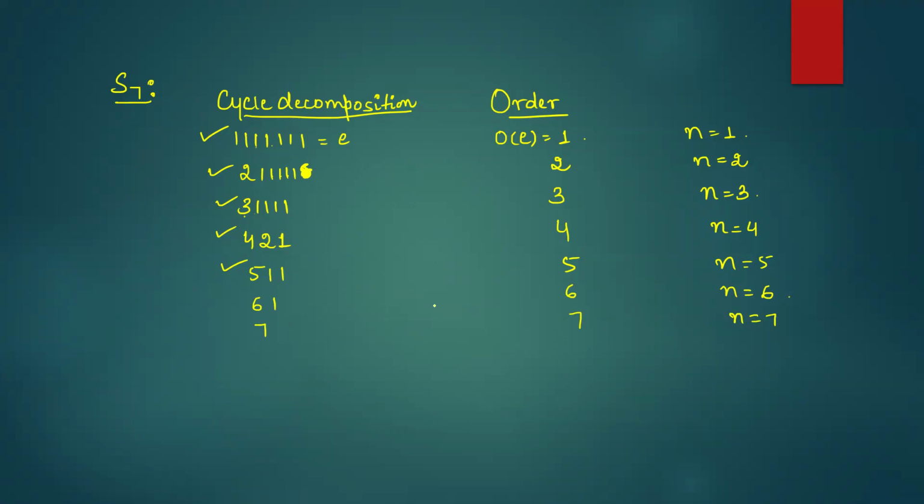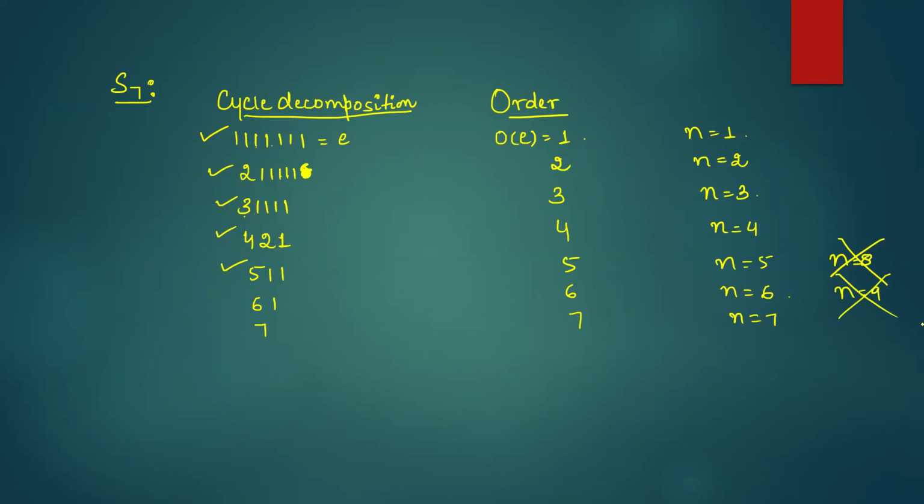That is something what we have to look for. n equals to 8, मुझे अगर order of an element चाहिए तो 8 लेंथ का एक साइकिल होना जरूरी है, बट S7 में हम 8 लेंथ का साइकिल नहीं ले सकते हैं. Therefore n equals to 8 is not possible. वैसे ही अगर हम n equals to 9 देखें, तो मुझे 9 लेंथ का एक साइकिल चाहिए, तो वो भी पॉसिबल नहीं है.